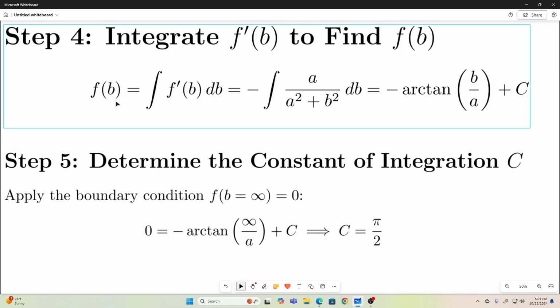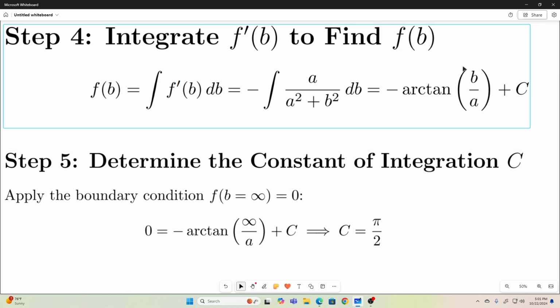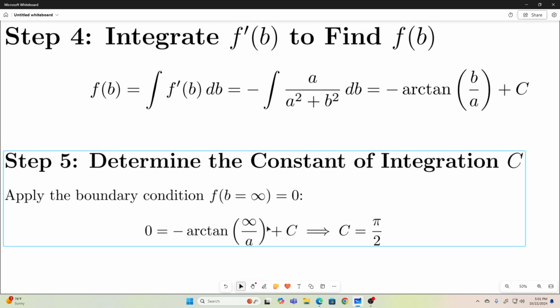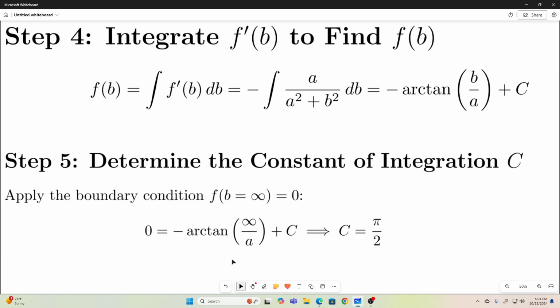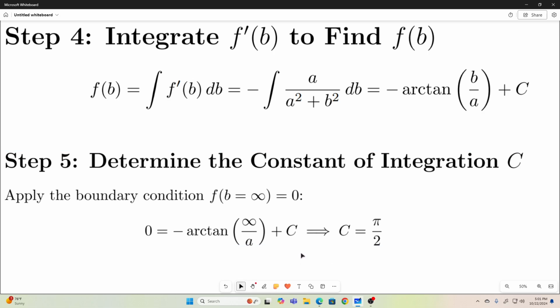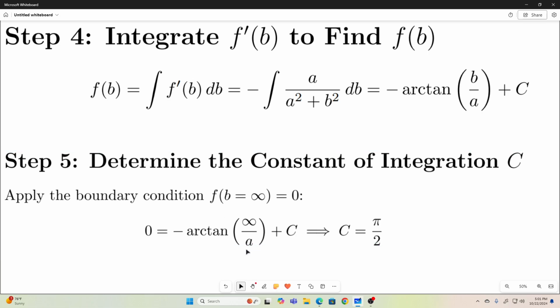So if we plug in infinity into this, we know we get 0 on the other side. So that we get 0 is equal to negative arctangent of infinity over a. Now, infinity over a is just going to be infinity. So arctangent of infinity is pi over 2.